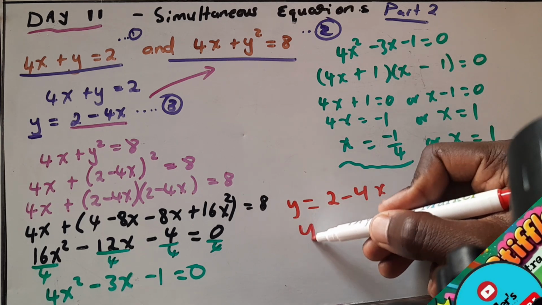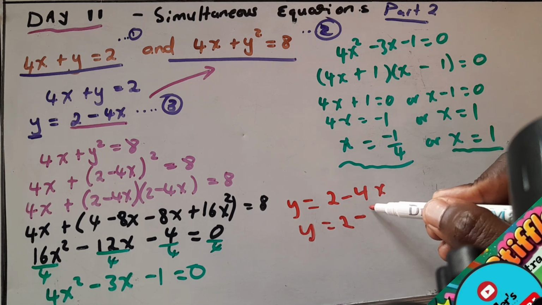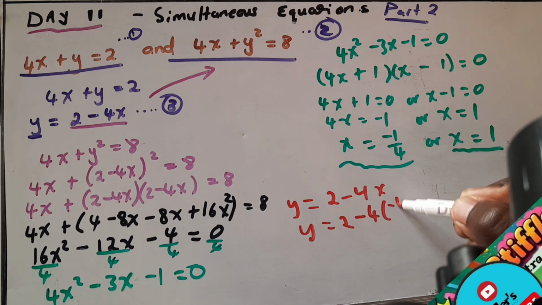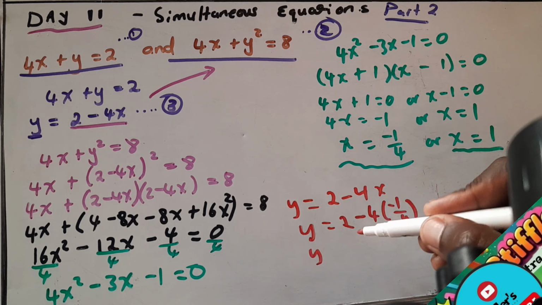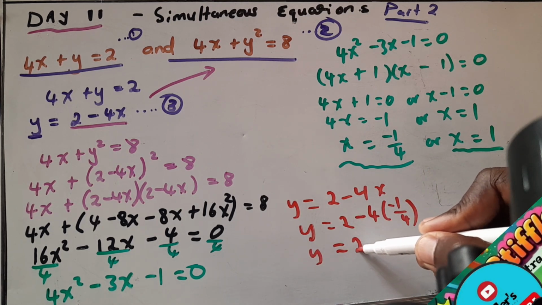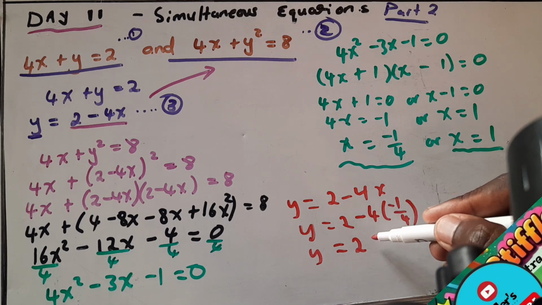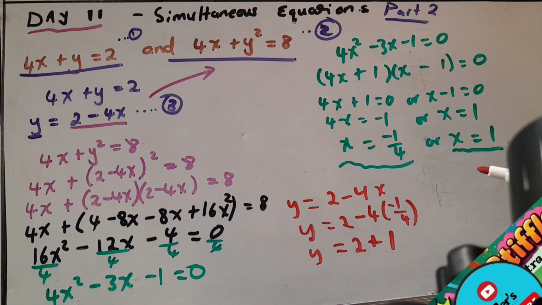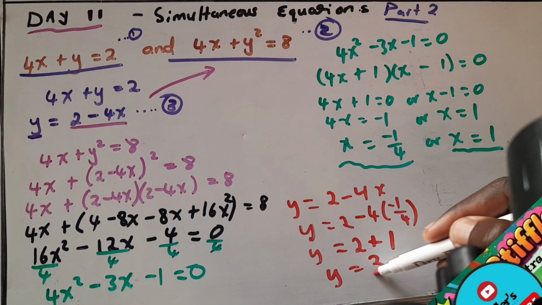So the first solution: y is equal to 2 minus 4 times negative 1 over 4. Negative multiplied by negative becomes positive, and this will be positive 1. So lastly our y becomes 3.